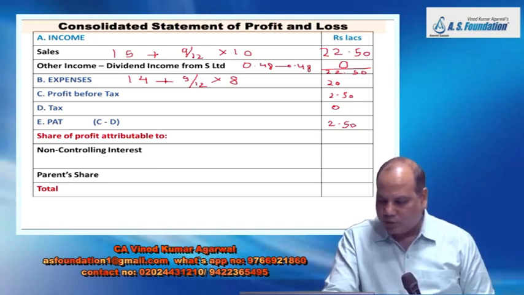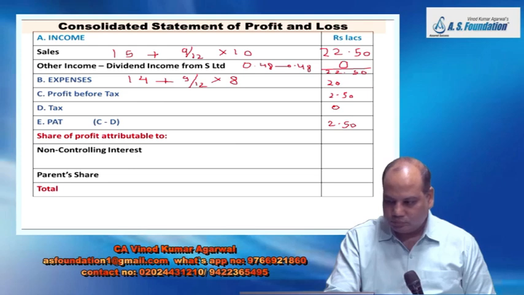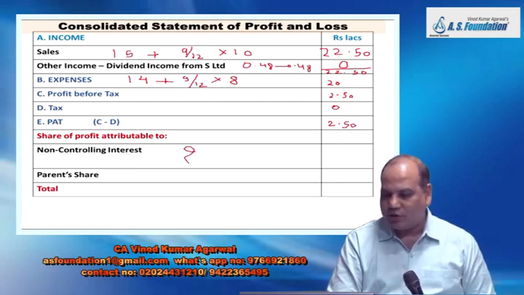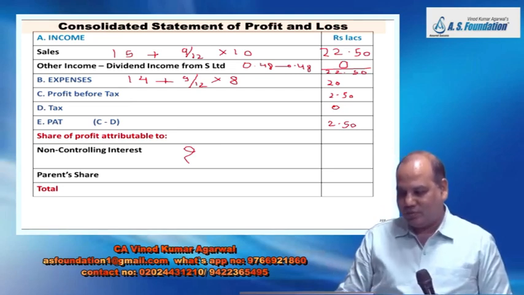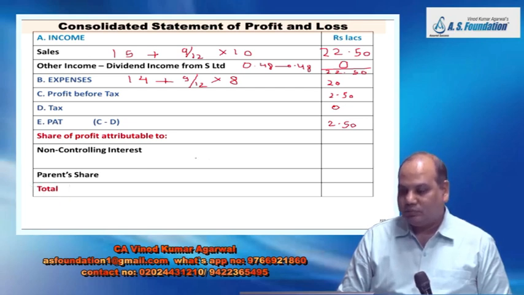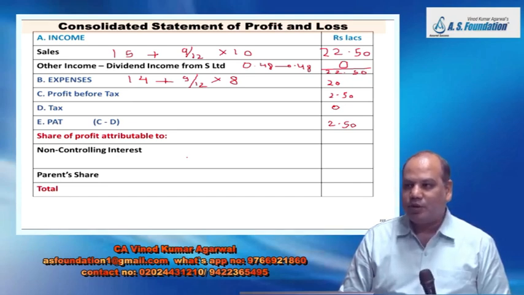Share of profit attributable to NCI. So dear student, today one question for you. What is NCI share in the profit of the subsidiary? I am going to write here. 5 seconds will be allowed to you. Share of NCI. So first you find out the profit of subsidiary company on standalone basis.